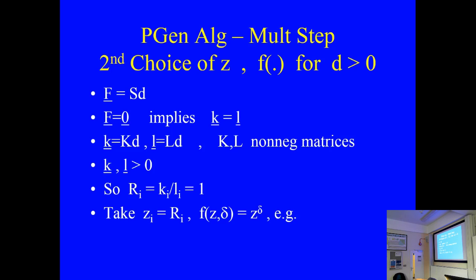So f equal to 0 implies that k equals L, therefore this ratio R_i equal to k_i over L_i is 1. So in the algorithm, take z to be the ratio R and f(z) to be z to the power delta, for example.